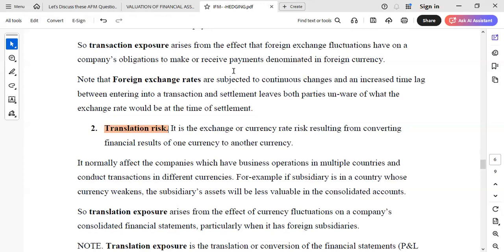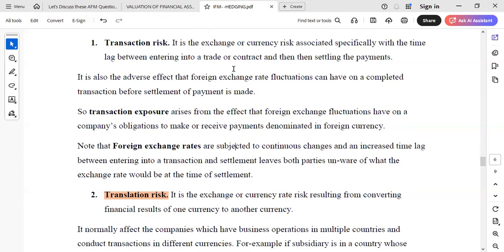For example, this is a company that has, this is a parent company. You guys, you're studying advanced accounting. You study these things of consolidation, I believe. For example, this is a parent company. It has a subsidiary in Kenya. A parent company in Uganda has a subsidiary in Kenya, but they have to consolidate.